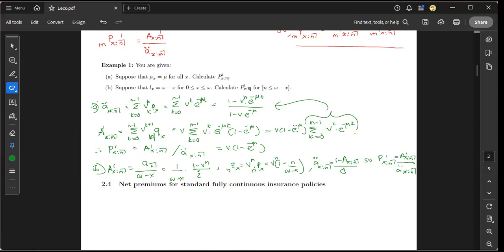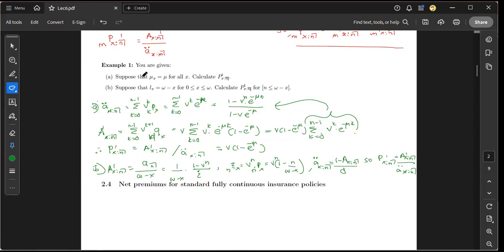And you will see, under the constant force of mortality, the present value of the benefit includes the present value of the premium payment. So this is the present value of the premium payment, and the present value of the benefit is a constant times the present value of the premium.